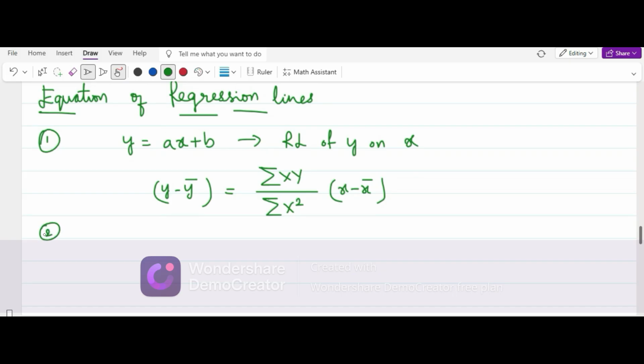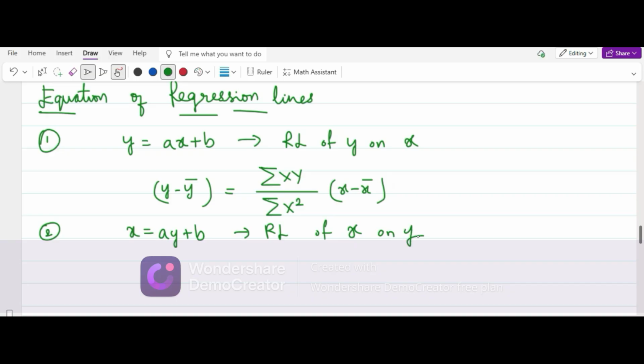And we can also write the regression line of x on y. It is x equal to ay plus b. This is the regression line of x on y. I'm writing x in terms of y.